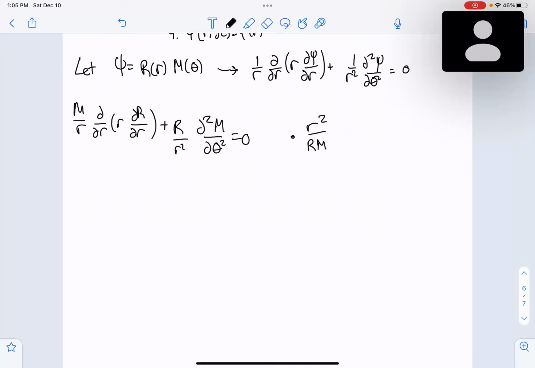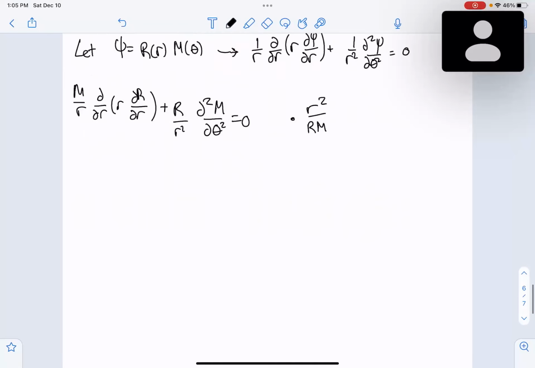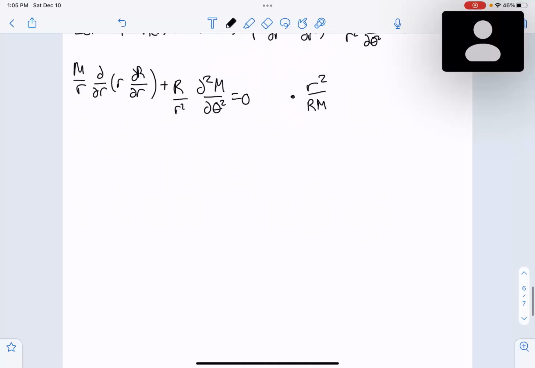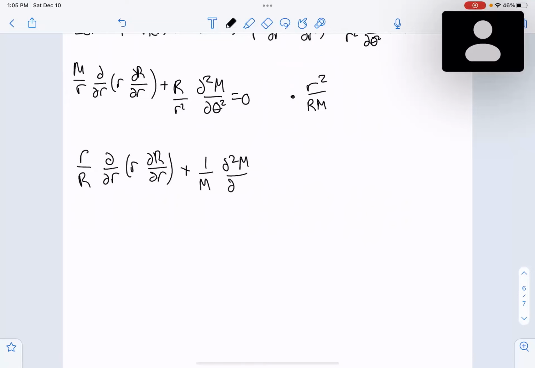Usually we just do 1 over RM, but since we have the polar coordinates here, it'll simplify this a little bit and give us a more relevant form. So we actually get r over big R, d/dr of r dR/dr, plus, I just want to make sure I don't make a mistake here, this will just be 1 over M, d squared M over d theta squared is equal to 0.